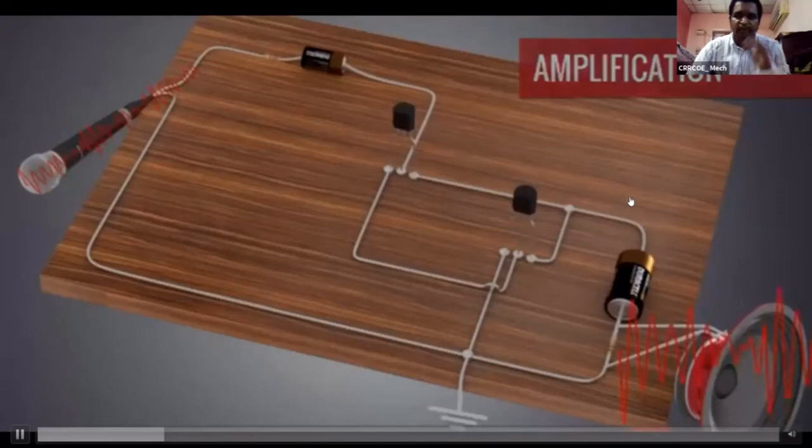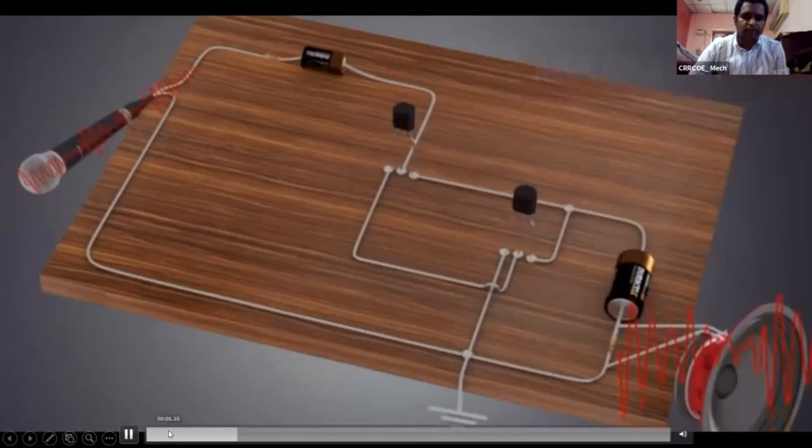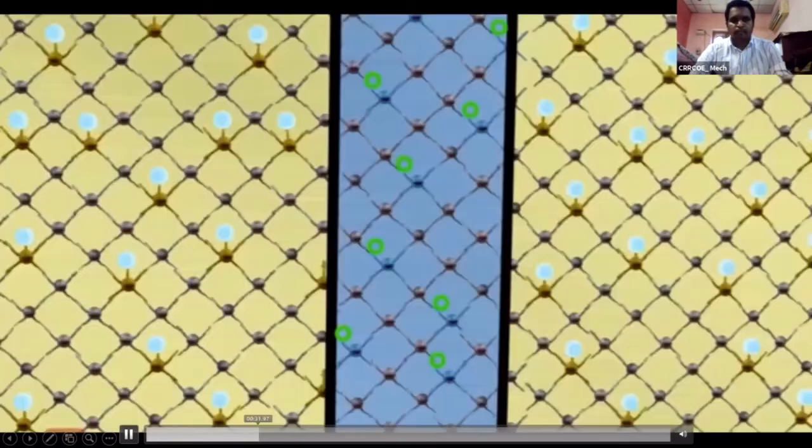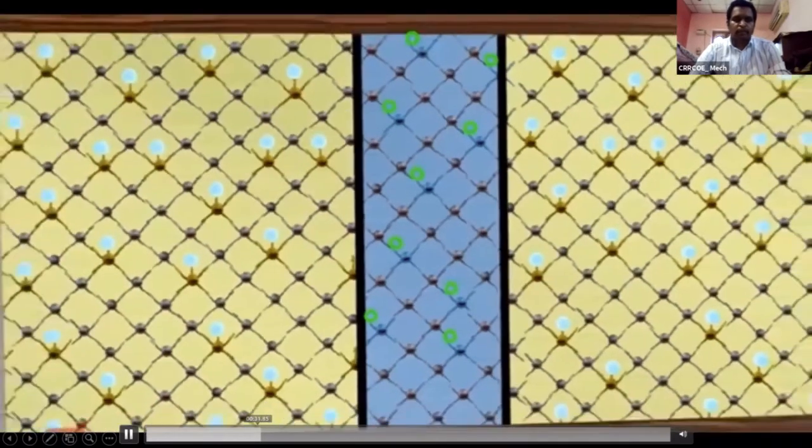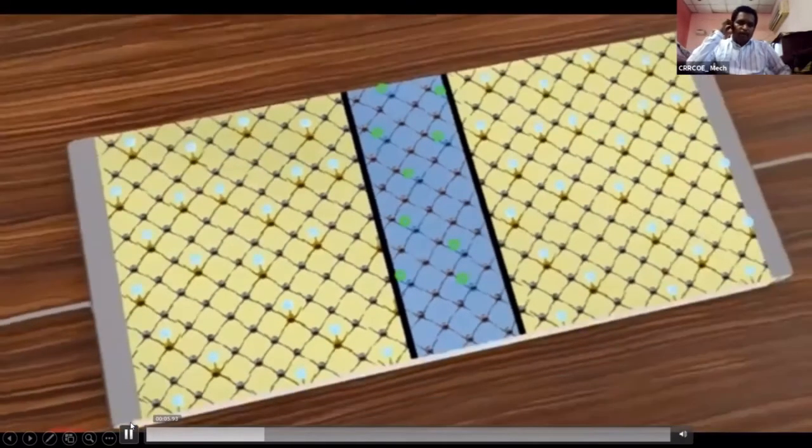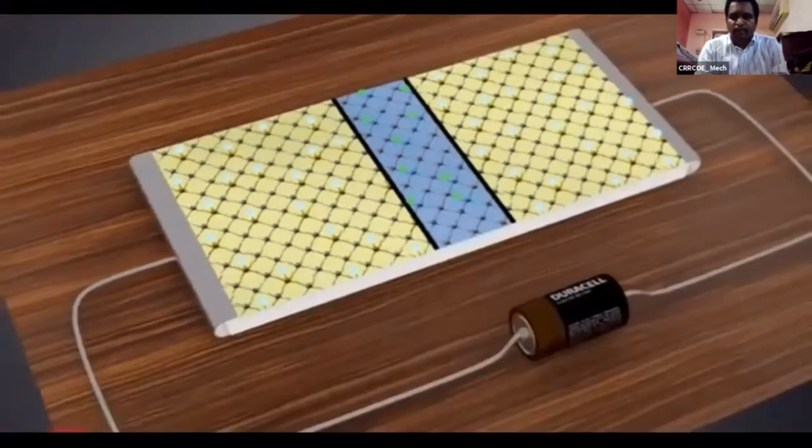Now we see the working of the transistor in the active region. As I already told, the transistor resembles two diodes, a sandwich of two diodes.